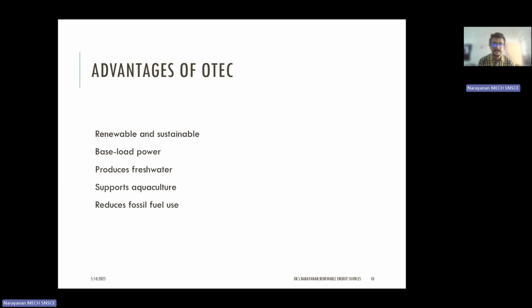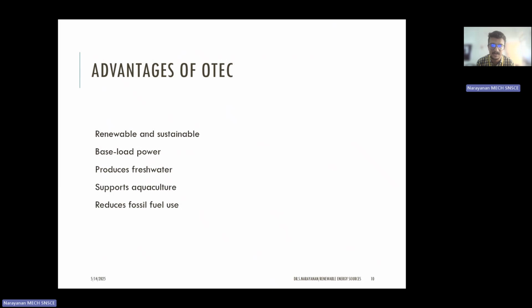So the advantages: it is renewable and sustainable, as seawater is a renewable source of energy, and base load power. The power can be produced whenever there is a 20 degrees Celsius temperature difference between the top surface and bottom surface, and it produces fresh water. As the seawater is evaporated, it will desalinate the seawater and it is used for producing fresh water.